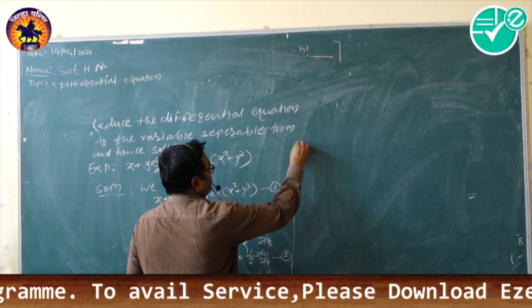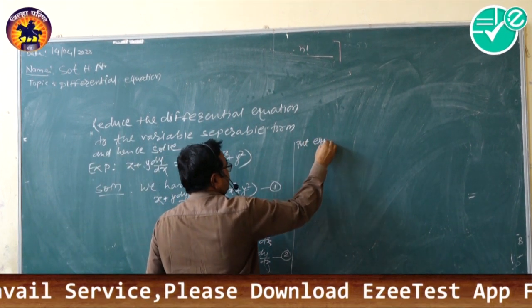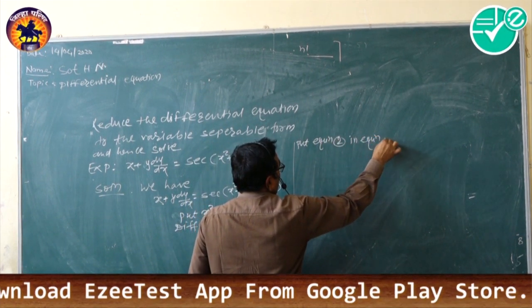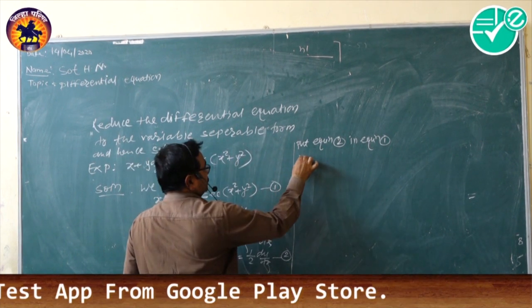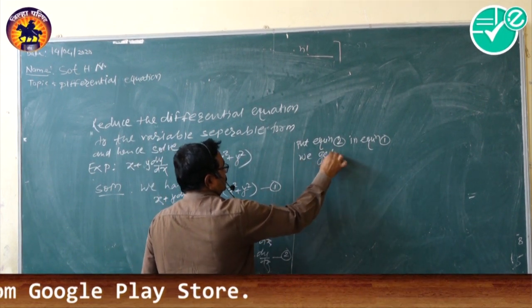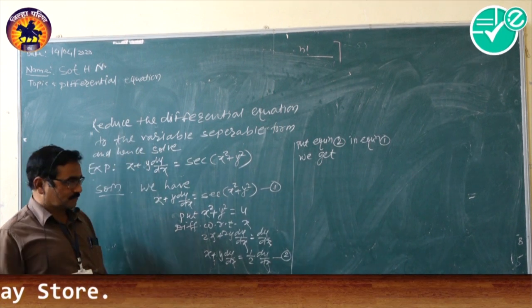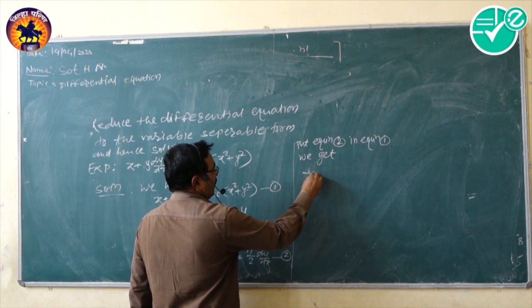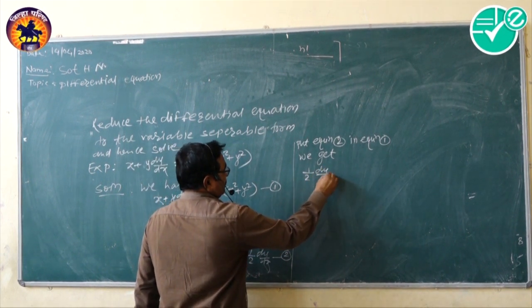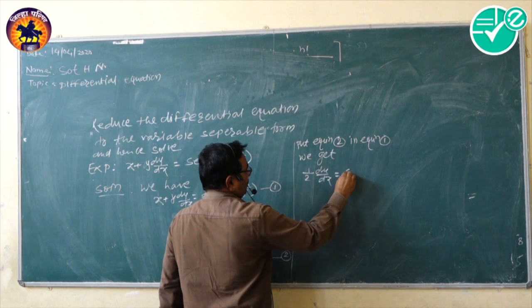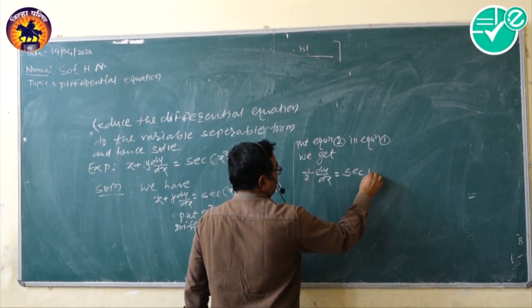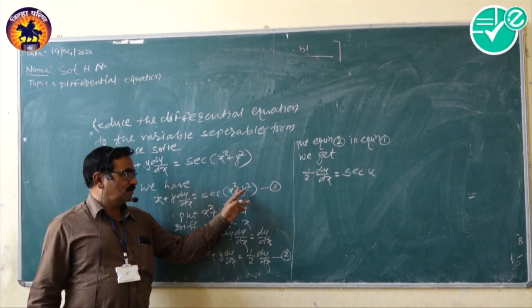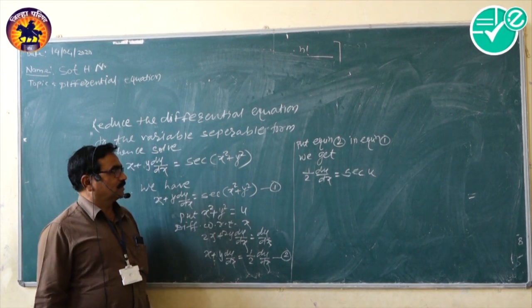Put equation 2 in equation 1. We get 1/2 du/dx = sec u, since the term x² + y² becomes u.